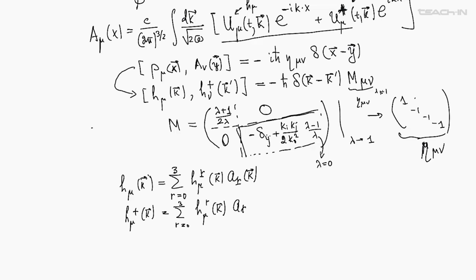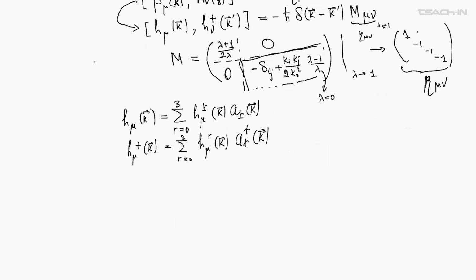And what I would like to do is choose this Vierbein H mu R in such a way that I want it to be real. So this is not, conjugation does not act on it.